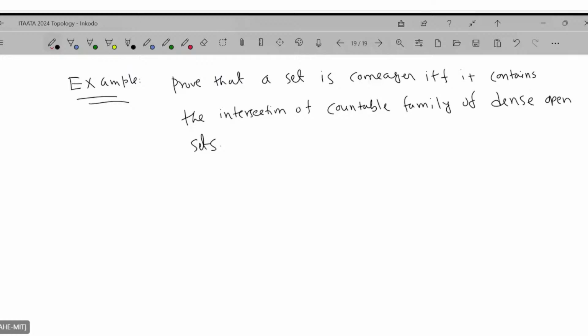Comeager means its complement is meager. Now we have proved that.